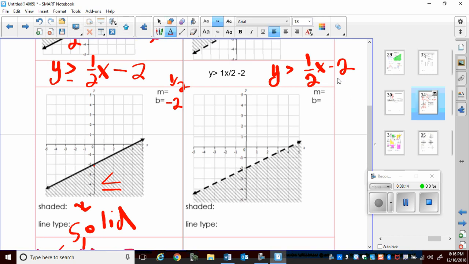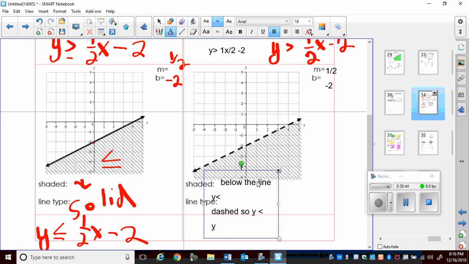Okay, last one, same slope, same y-intercept. The slope is 1/2, the y-intercept is -2. For my shading, I'm shading below the line. So y is less than, and the line type is dashed, so it's only y is less than.